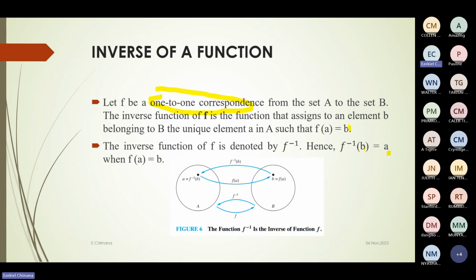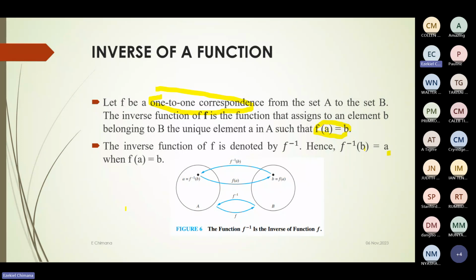So whenever you have the function f, you put a and you get b. But on the inverse side, whenever you put b, you must get an a. So it's now vice versa, just like what we are doing on the relation.